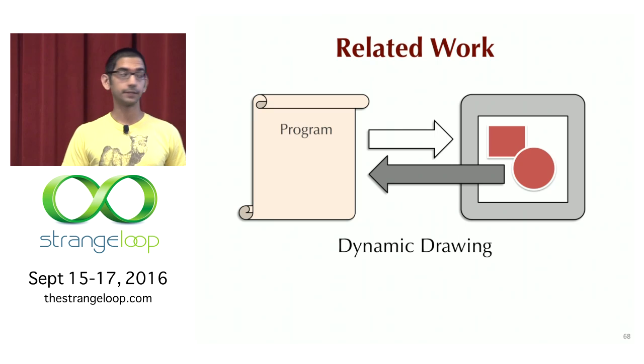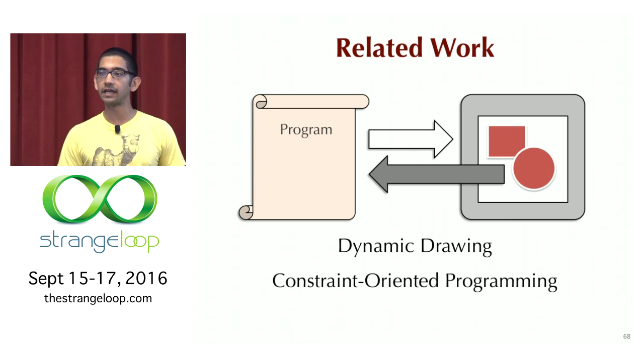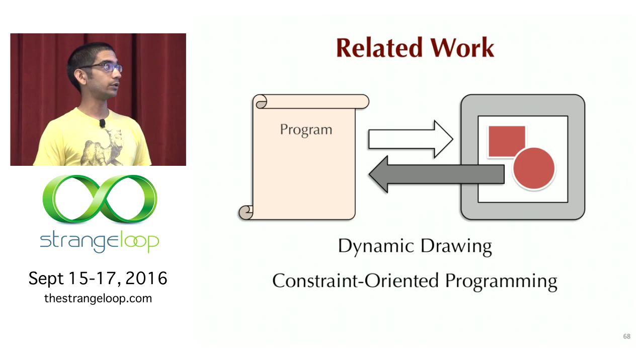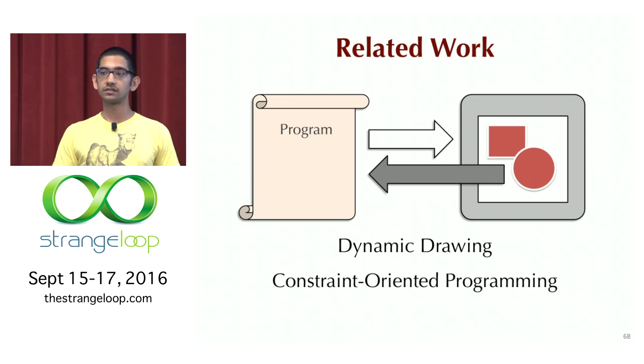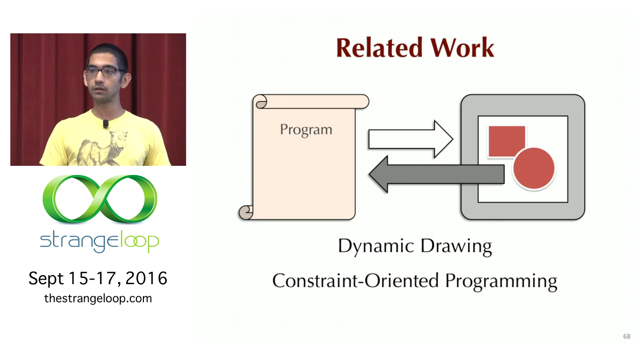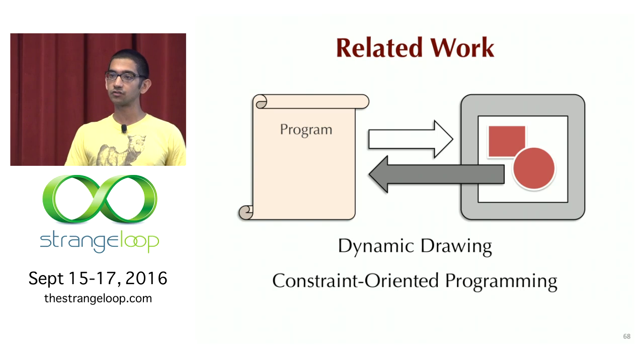Another related line of attack are constraint-oriented programming systems like Sketchpad, ThingLab, and others, which allow users to declare constraints either on the program or on the output. These systems lead to a similar kind of interaction that we're seeking. But in contrast, we limit all use of constraints and constraint solving to the program transformation phase.